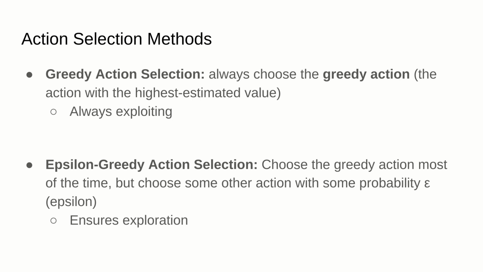The two methods we've learned for selecting actions thus far are greedy action selection, which is always choosing the action with the highest estimated value, and epsilon greedy action selection, which selects an action greedily most of the time, but chooses to explore some other action randomly with probability epsilon. Epsilon greedy marks an improvement over the greedy method, but when choosing to explore, it still chooses actions randomly. So is there a better way to select actions? We'll be exploring that next.